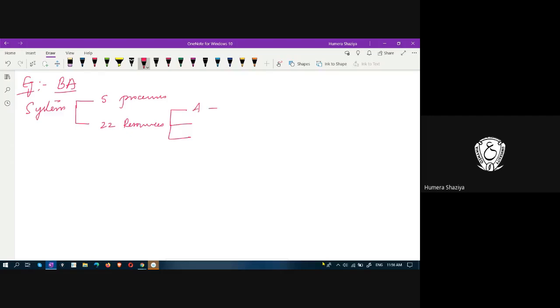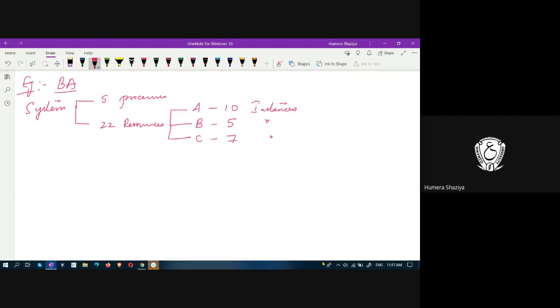Resource A has 10 instances, resource B has 5 instances, and resource C has 7 instances. All right. And we know that Banker's algorithm maintains data structures to hold the values for available, allocation, maximum, and so on.